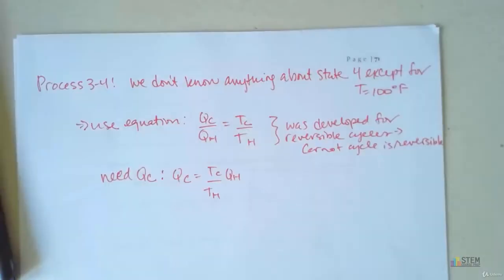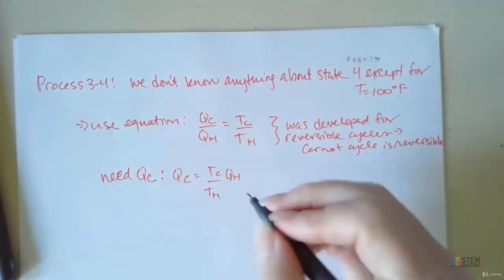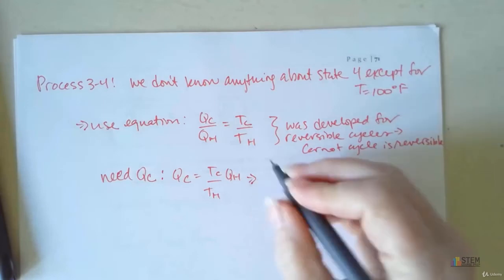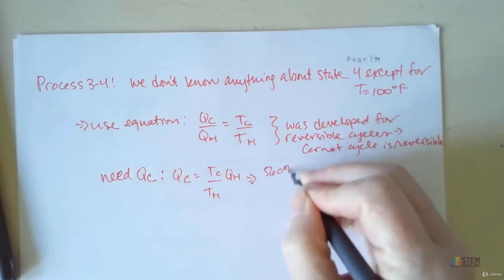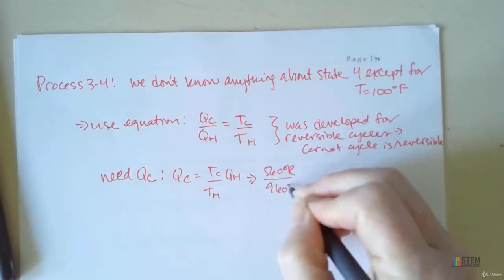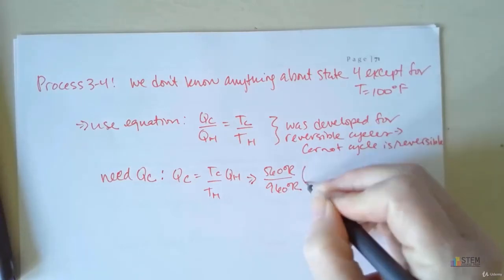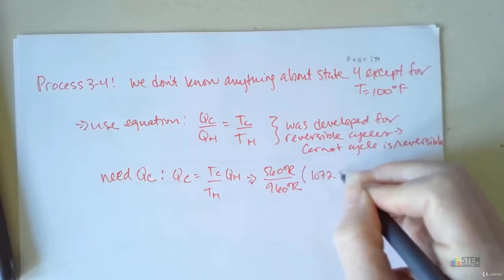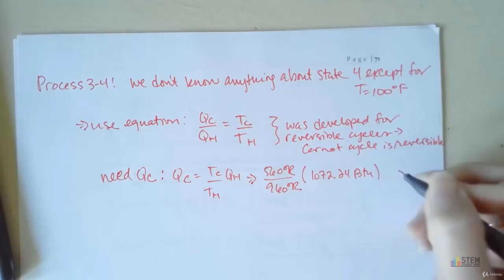All right. So that value was 1072.24. Now we'll plug in our numbers. So we got 560 over 960, multiply it by 1072.24 BTU.